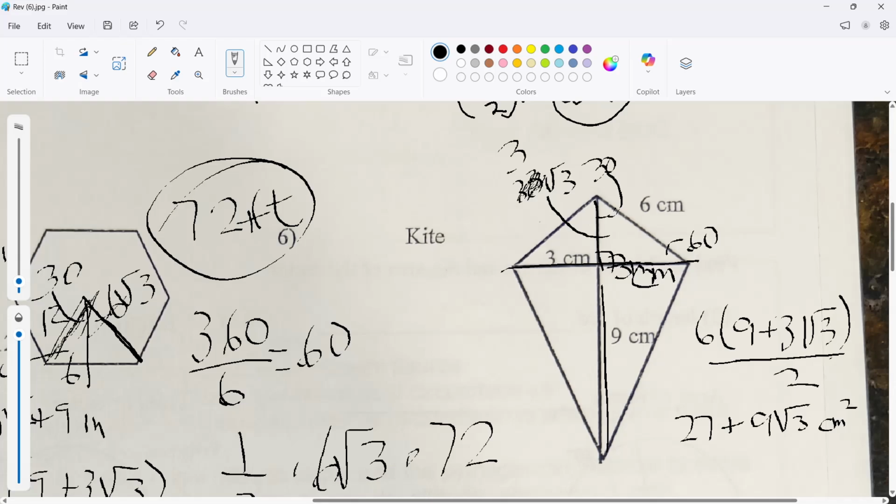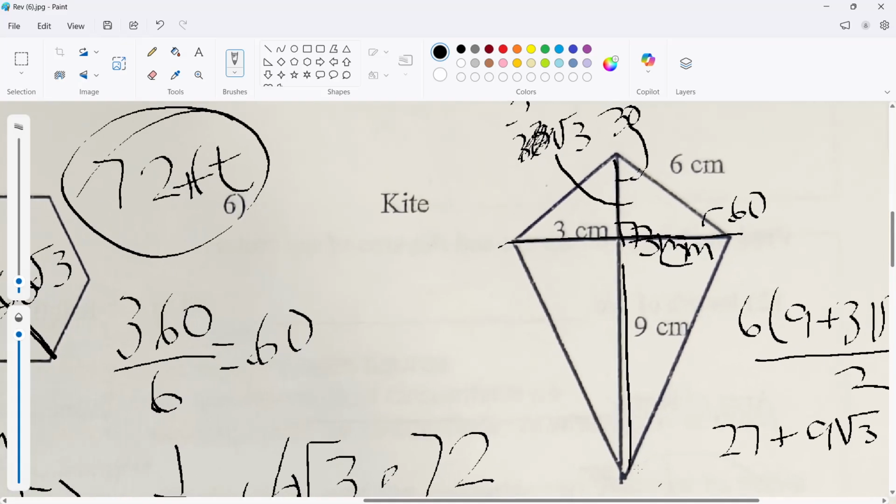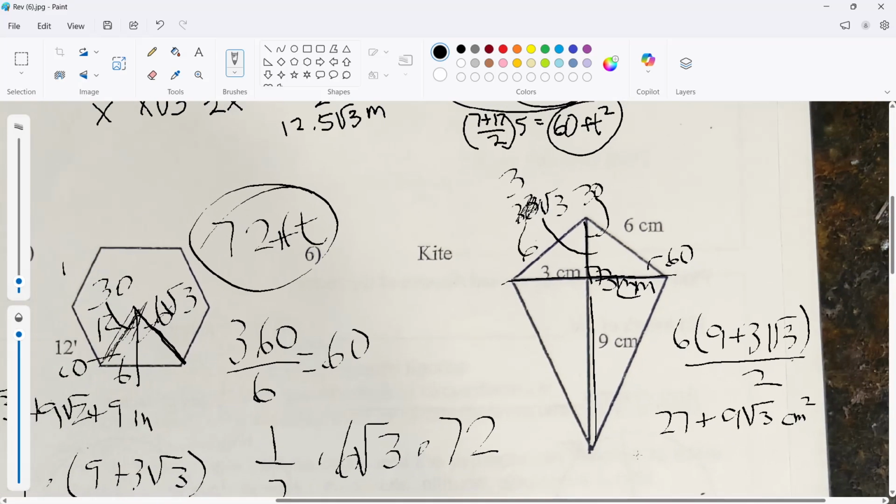And then I need the perimeter. How do I find, do I need the perimeter? Yeah, I need the perimeter. So this is 6, that's 6, and how do I find these?